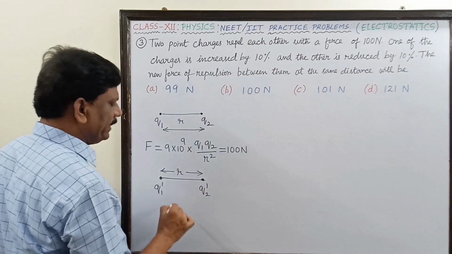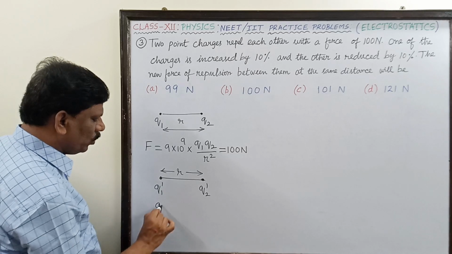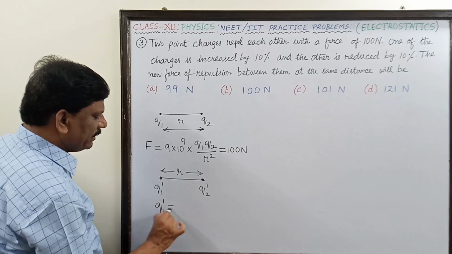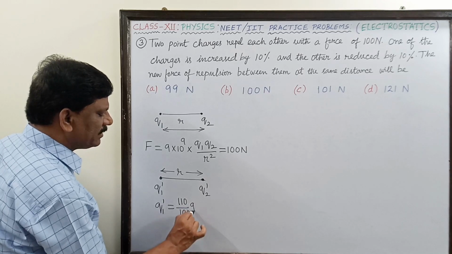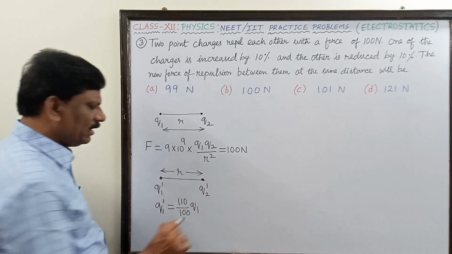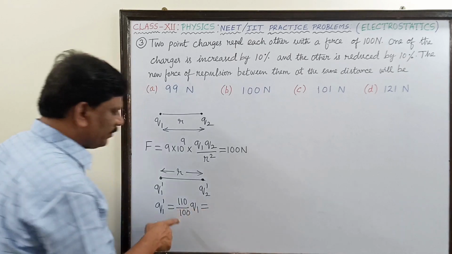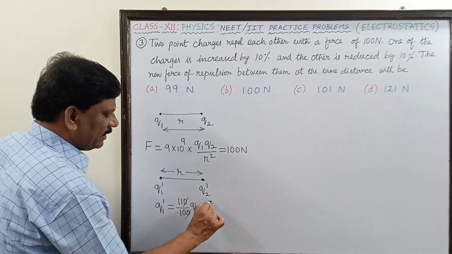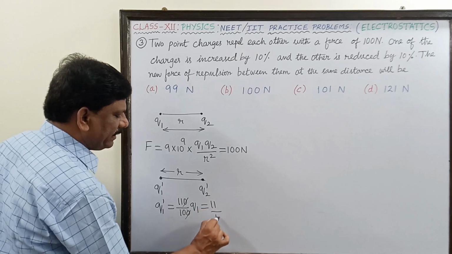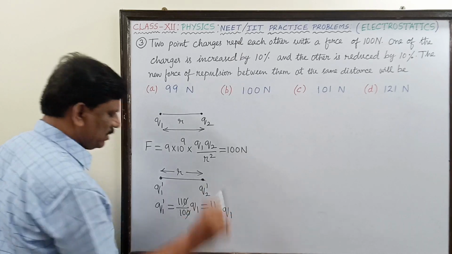So increased by 10% means Q1 dash is equal to 110 divided by 100 times Q1. Okay. So this is increased by 10%. So 0 and 0 cancels. So this is 11 by 10 times Q1.